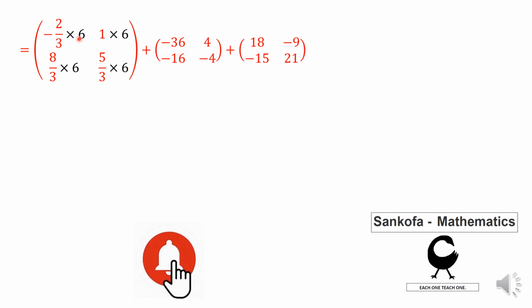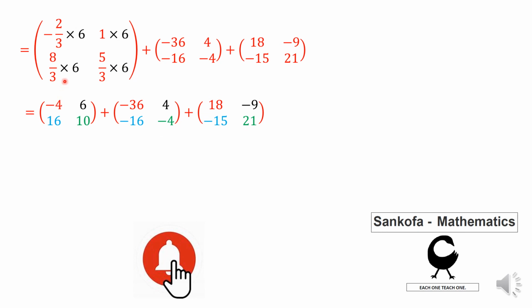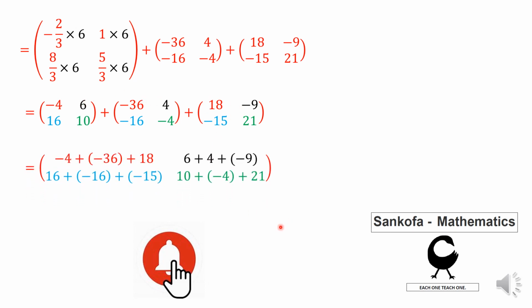Well, 3 goes into 6, it's very easy, and you should have negative 4, 6, 16, and 10. Now, you can go ahead and add the corresponding quantities or elements. Now, you see I also color-coded them to make it a little bit easier for you to follow. Okay, so once you clean that up, you should arrive at the final answer, which is negative 22, 1, negative 15, 27.